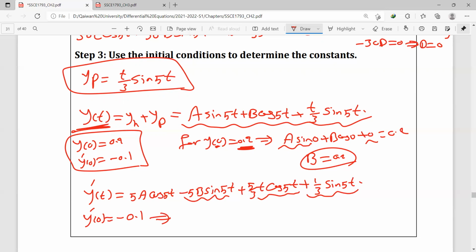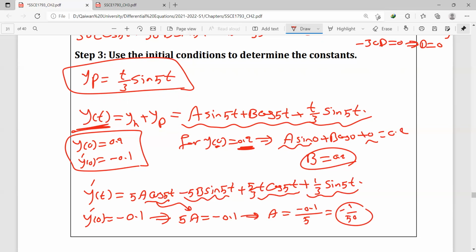So we just have 5a equals minus 0.1, because all the other terms become 0. And so a is minus 0.1 divided by 5, which is minus 1/50.